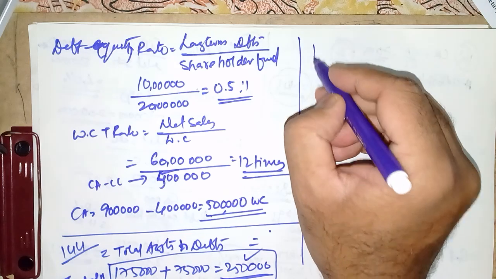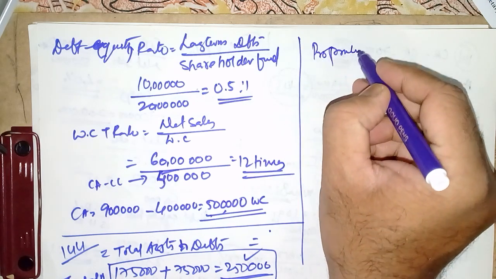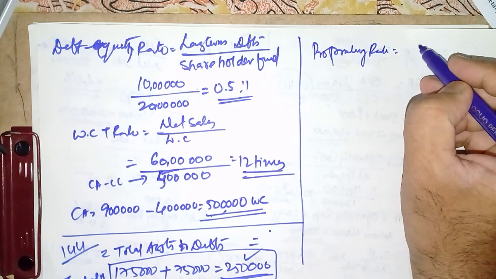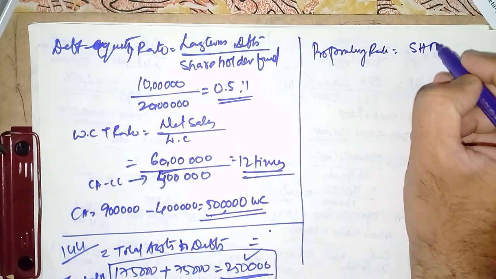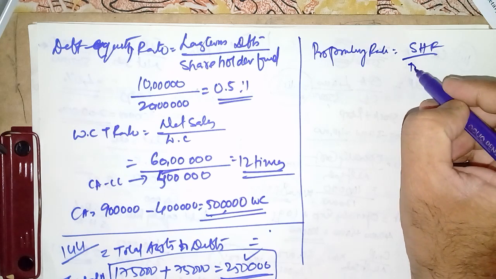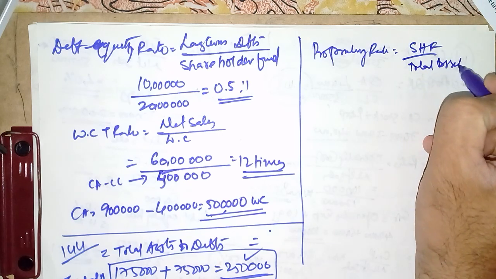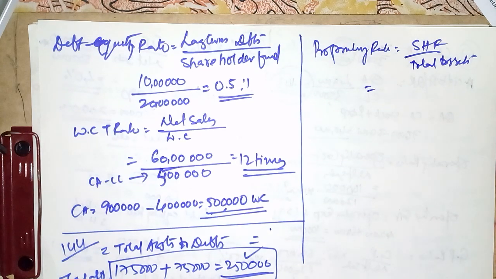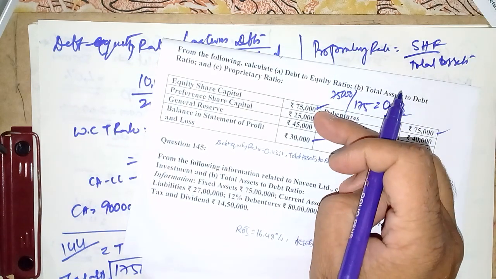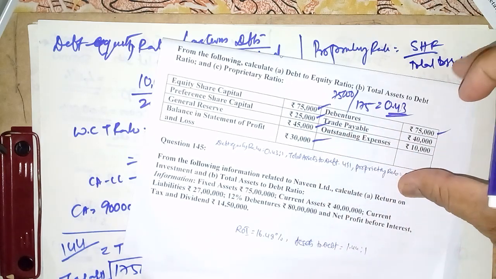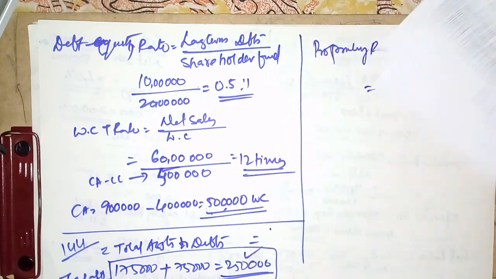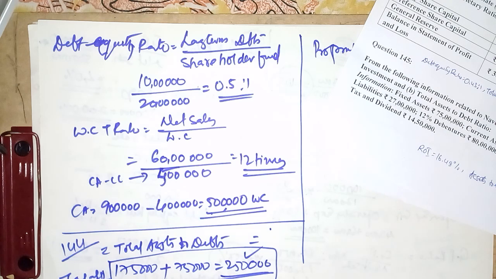Next, proprietary ratio. So proprietary ratio is equal to shareholders fund by total assets. Shareholders fund is 75, 25 preference, general reserve and balance in P&L, right? How much have we calculated in the earlier formula?